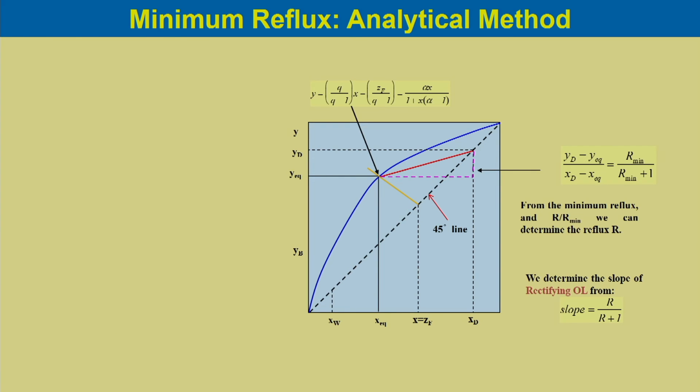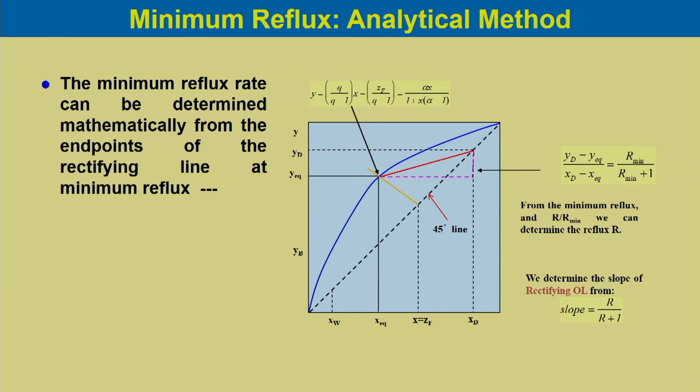Now, we will discuss how to calculate the minimum reflux ratio by the analytical method. The minimum reflux ratio can be determined mathematically from the endpoints of the rectifying line at minimum reflux. At minimum reflux we know the equation of the Q line, and this is the equation of the equilibrium line, based on the relative volatility equation.